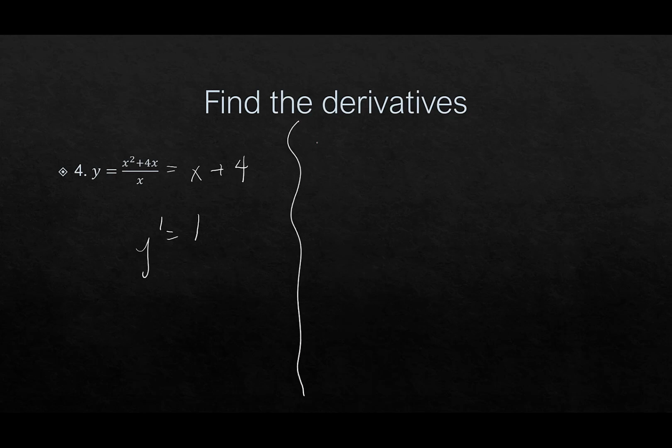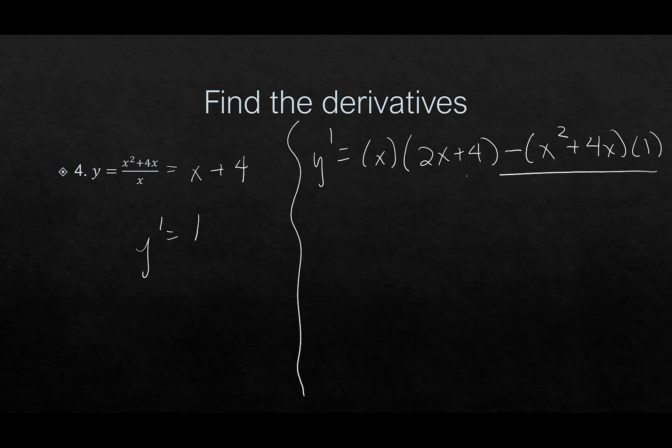What you're looking for is, could I rewrite it before I do the derivative? If you did use the quotient rule, you would have had low, which is x, d high, 2x plus 4, minus high, x squared plus 4x, d low was 1, over x squared.